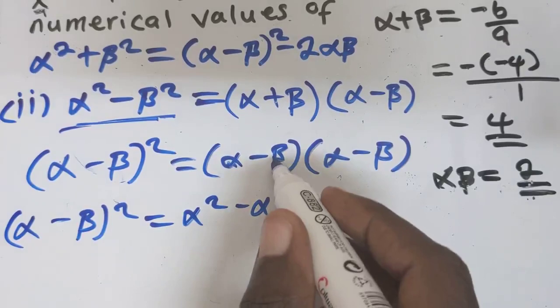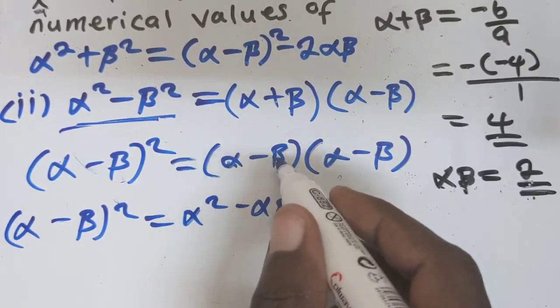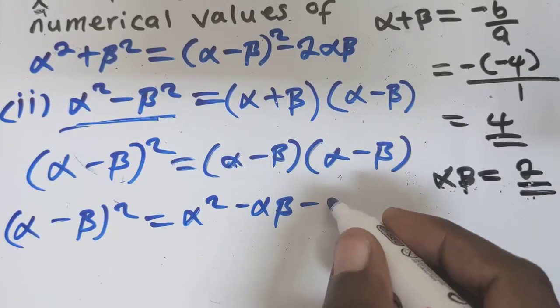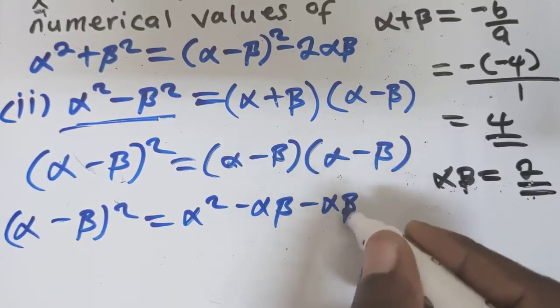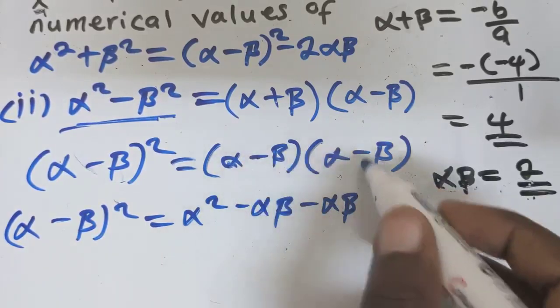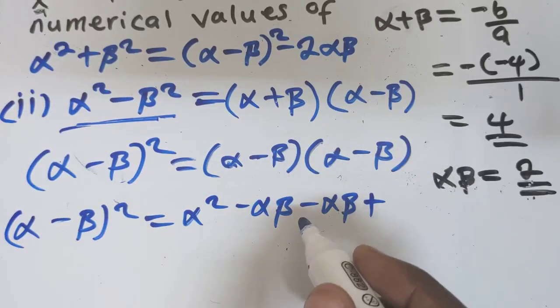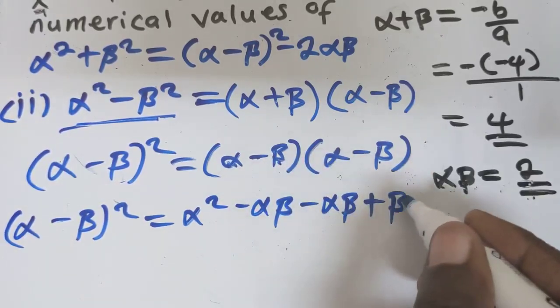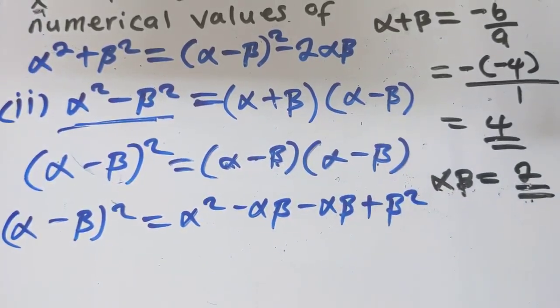Then negative beta times positive alpha, you're going to have negative alpha beta. Then negative times negative gives positive, beta times beta, you're going to have beta squared.